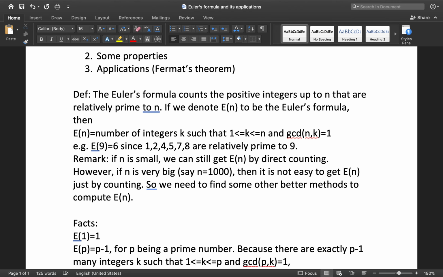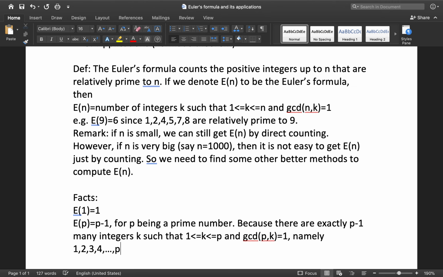Why? Because those integers, you can write them all out. It's just 1, 2, 3, 4, dot dot dot up to p minus 1, any integers between 1 and p minus 1 except p.